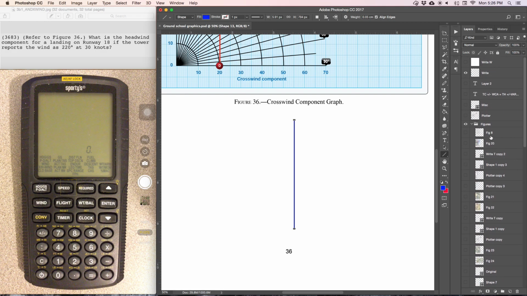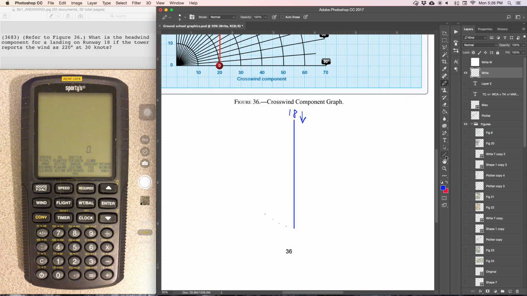So here we can see that we have runway 18. We're landing to the south, and winds are out of 220. So if here's 18, here's about 19, 200, 210, 220. Just ballparking.